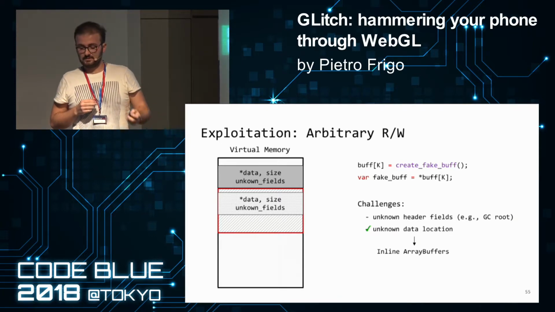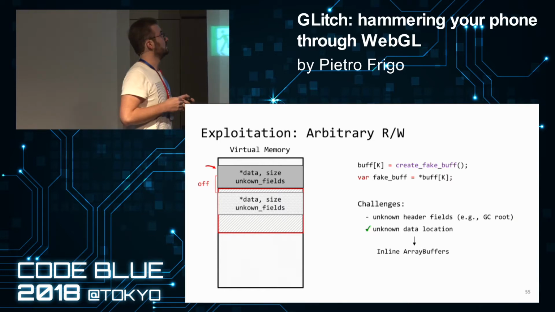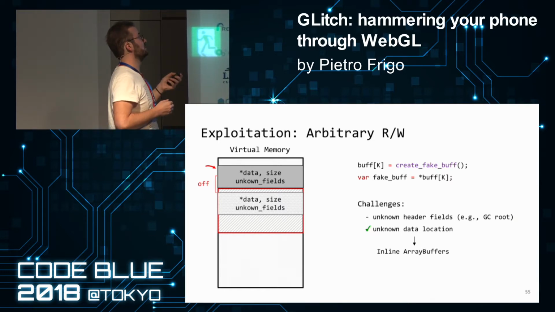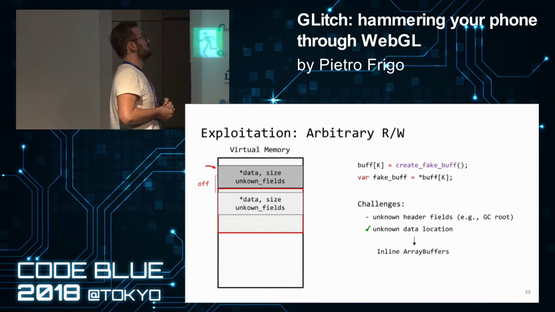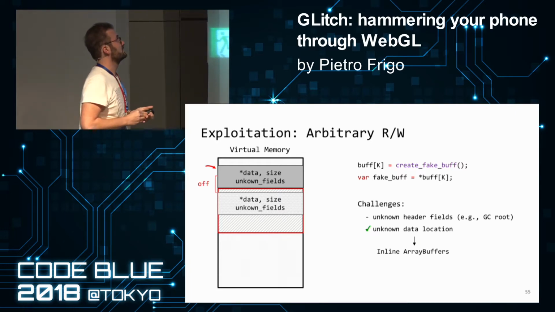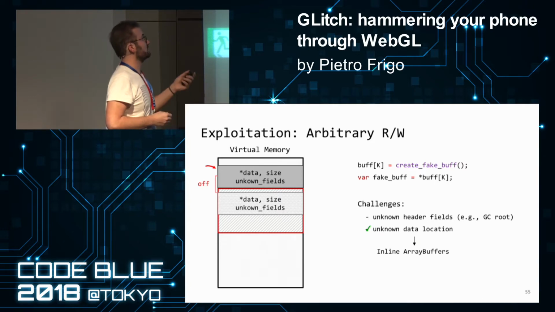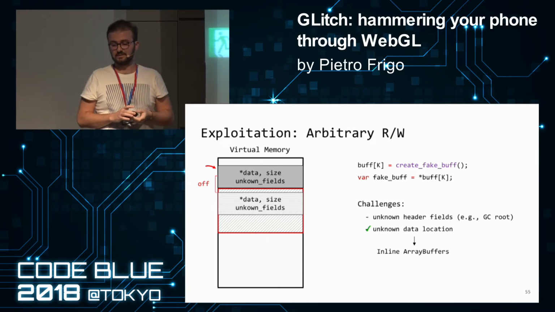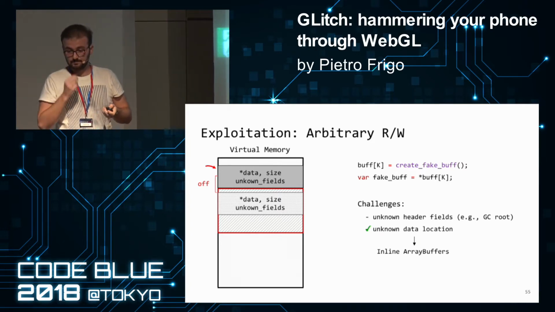For the second challenge, once you know the header and the data are connected, then once you leak the data pointer, you can also know the offset between that and the byte array.